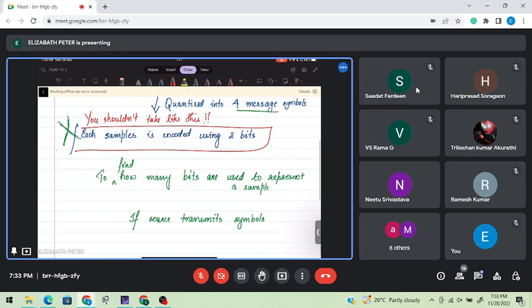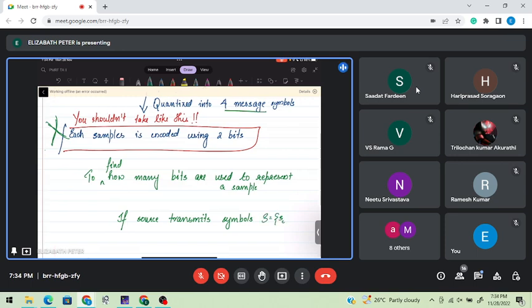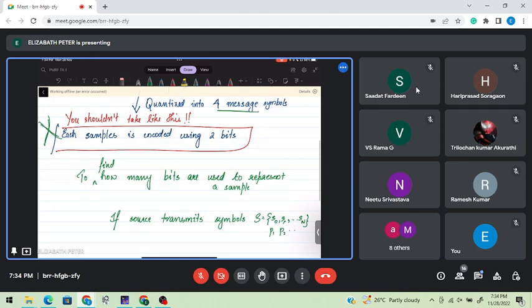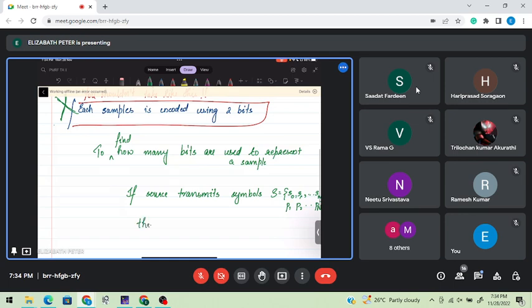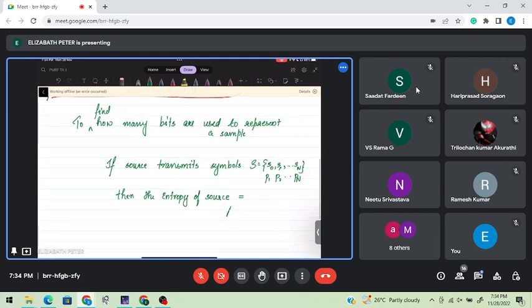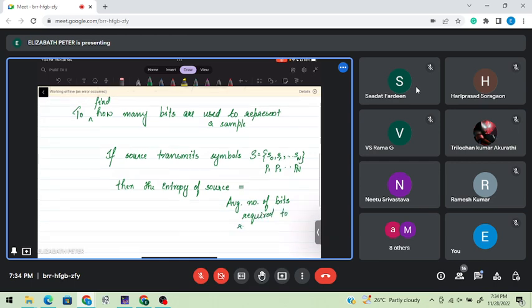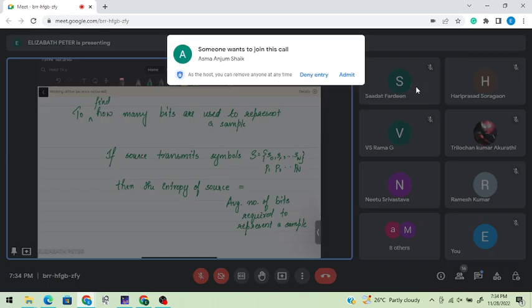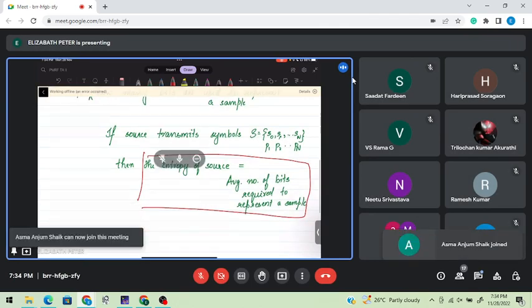That means if a source is transmitting symbols from an alphabet, say S0, S1 up to Sn with probabilities, say P1, P2, and Pn, then the entropy of the source is the same as the average number of bits required to represent a sample. Is this clear to all of you?